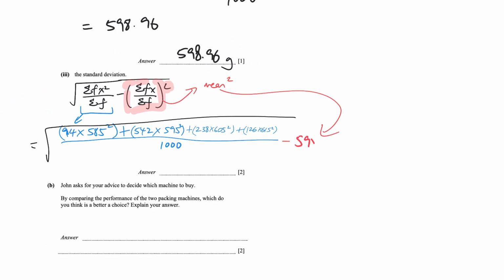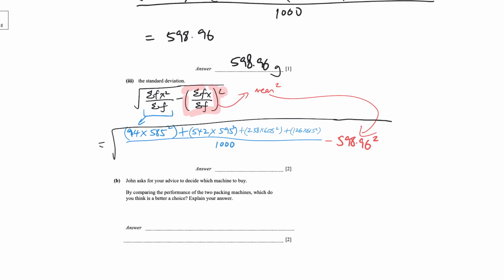So it's 598.96 squared. The square root covers the whole way. Basically, this square root is this square root, and this term is this term, minus this term, which is the mean squared. You key all of that into a calculator, you should get 8.24.